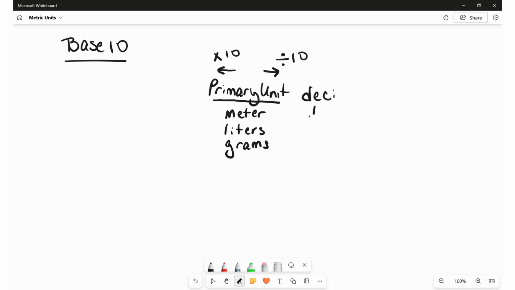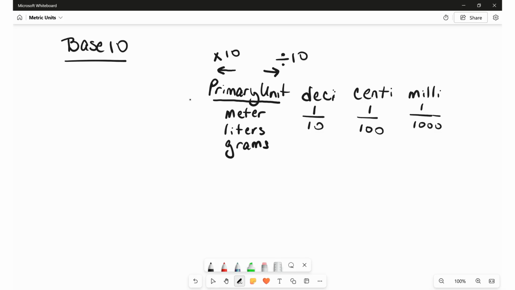And this is 1/10 of the primary unit. Then we have centiunits. If we divide by 10 again, we get 1/100th. Then we have milliunits, which is 1/1000th.